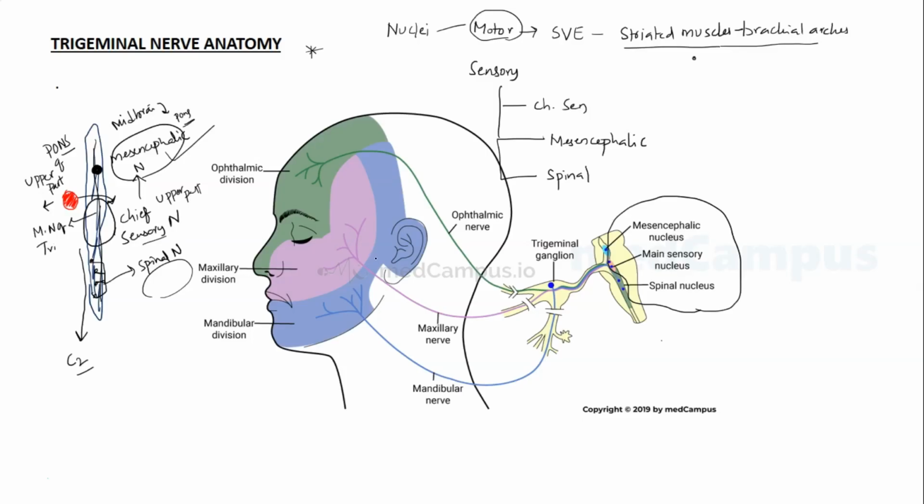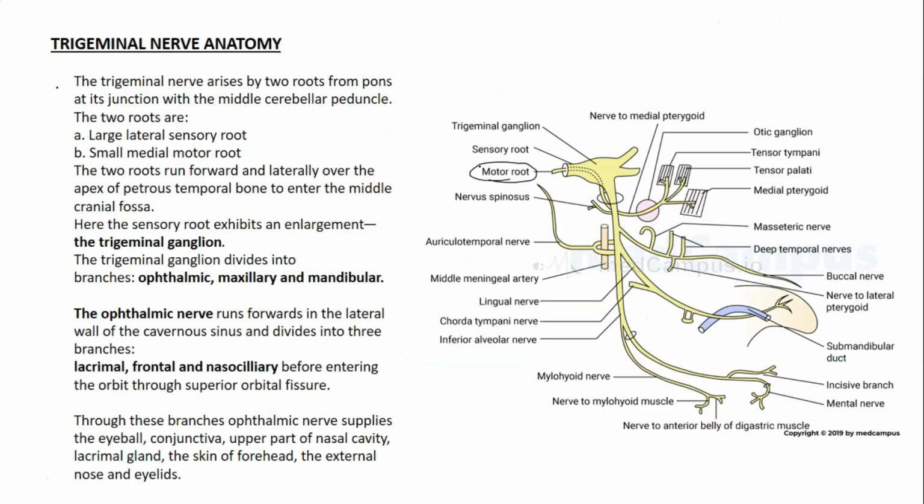Its fibers give rise to the motor root of the trigeminal nerve. This motor root goes through the trigeminal ganglion.